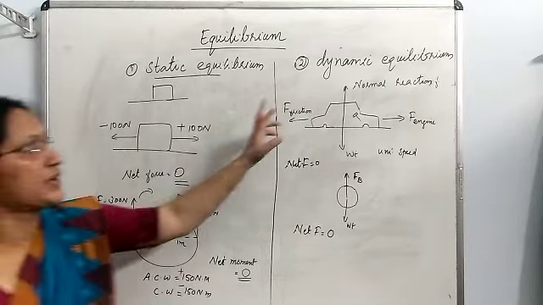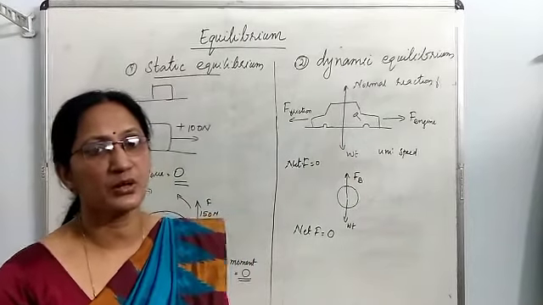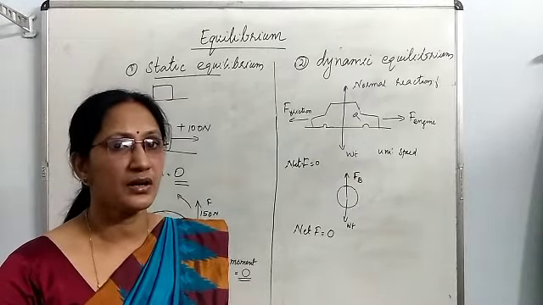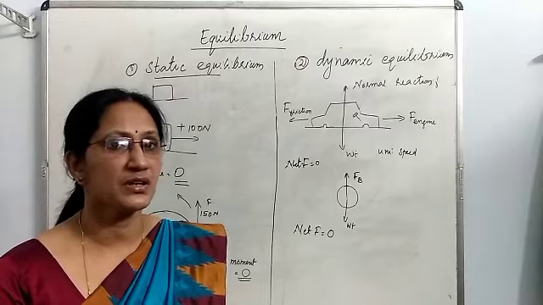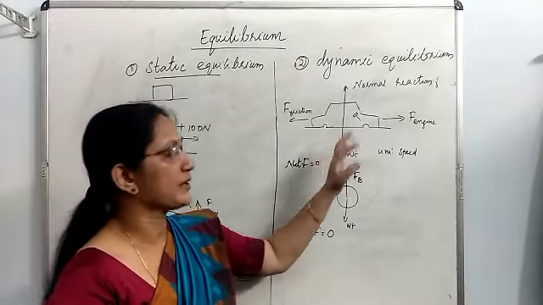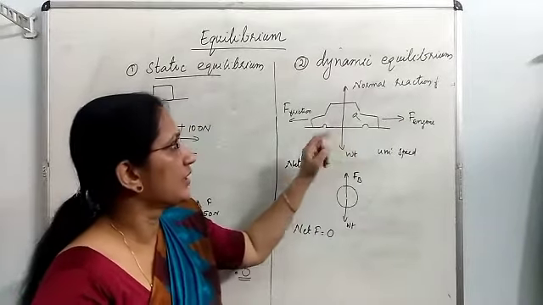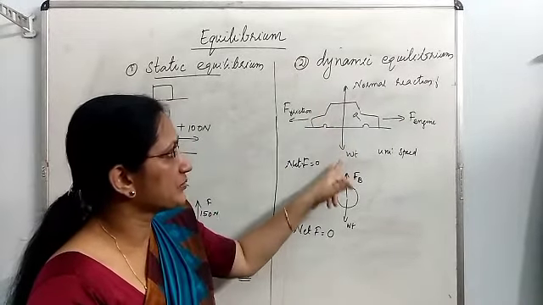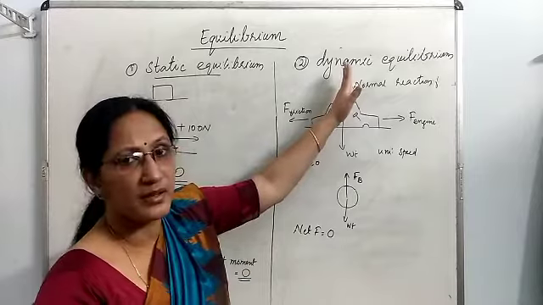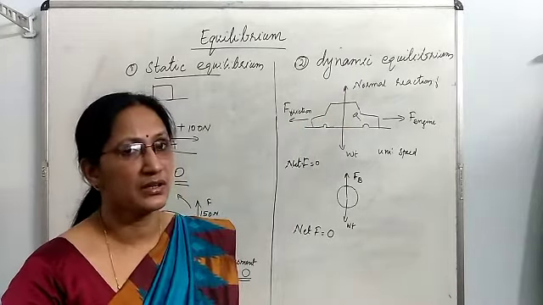Then dynamic equilibrium. Consider a moving body. Dynamic equilibrium means a body in motion continues the motion even after applying a number of forces. Look at this example. A moving car. The car is moving in this direction, and the weight of the car acts downward. Its normal reaction acts in the upward direction, and the frictional force in the opposite direction.